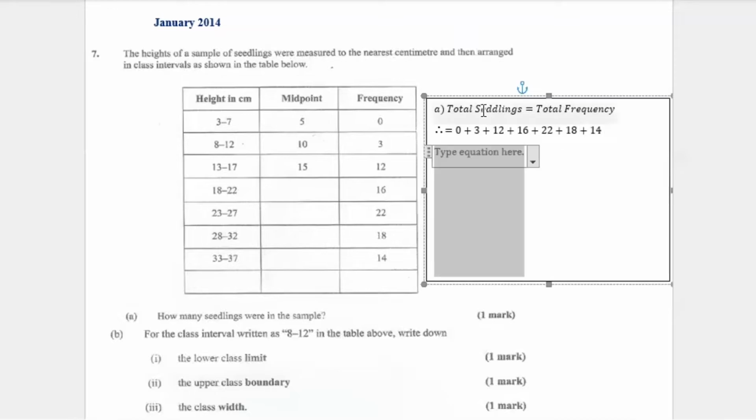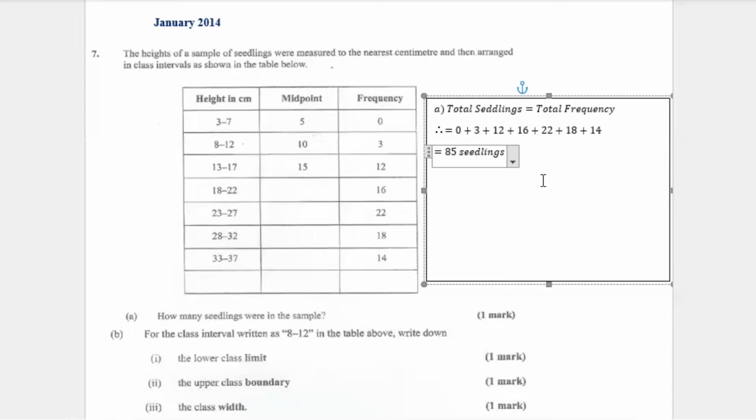And when you add those, the total frequency is therefore equal to 85. So there were 85 seedlings. So 85 seedlings were in the sample. Remember, your total frequency is always equal to the total amount of quantity that is given in the question.